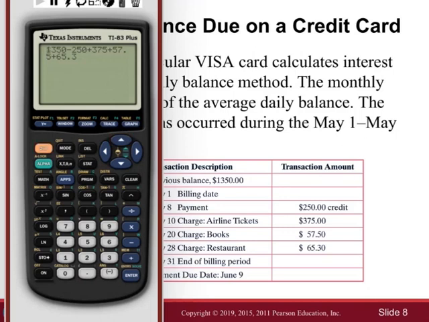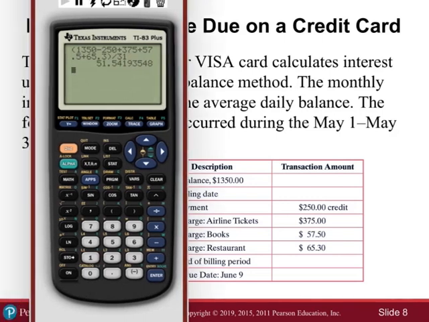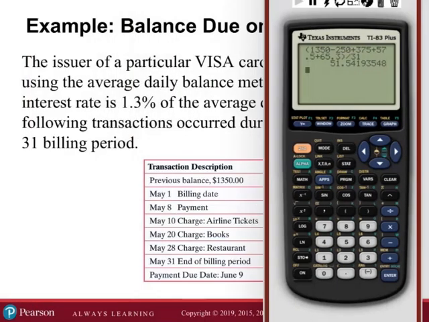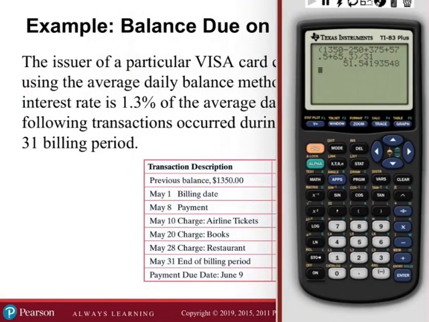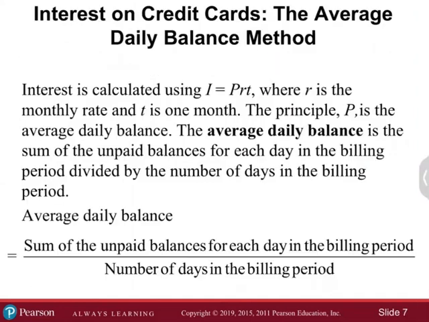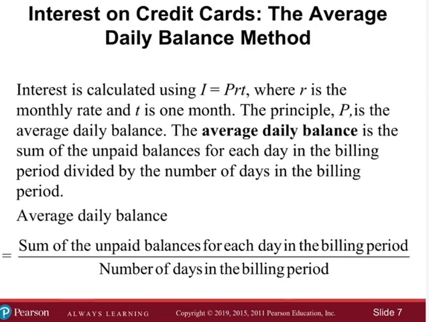So I'm going to put this in parentheses, and I'm going to divide that by 31 days in this billing period. Let me check something. Sum of the unpaid balances for each day in the billing period, number of days. Okay, let's go with that.